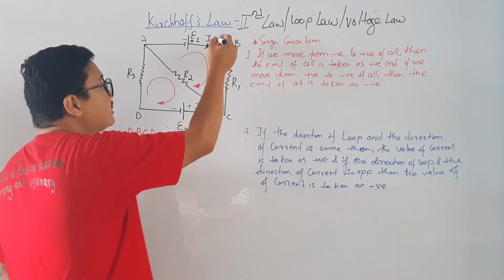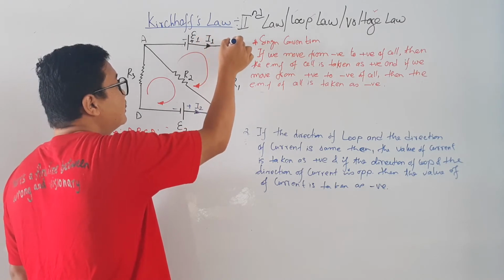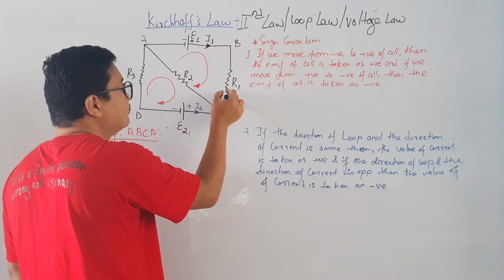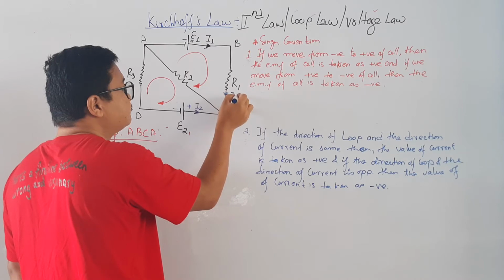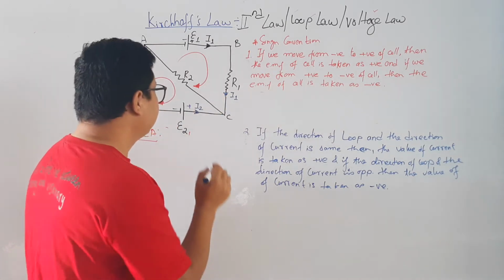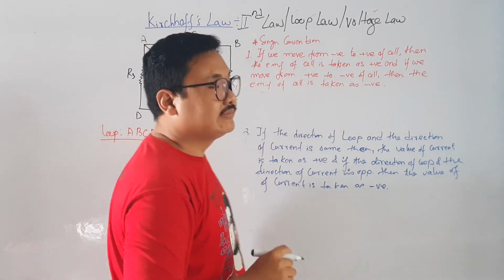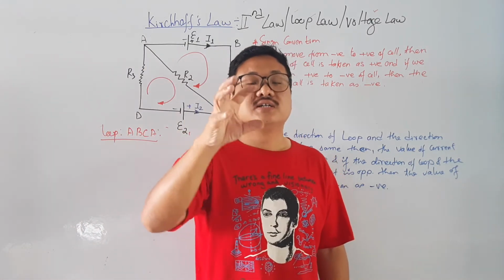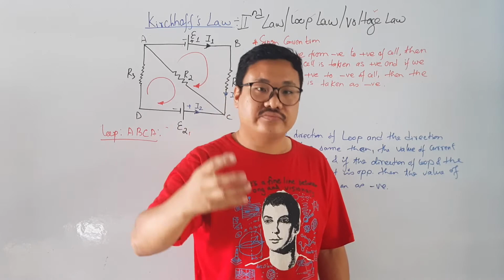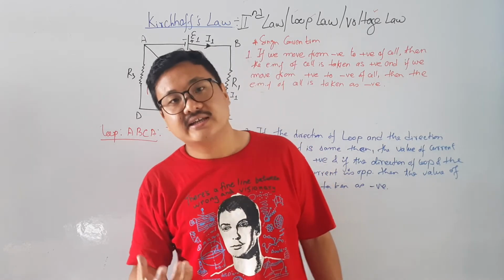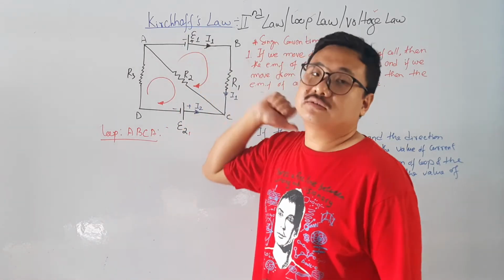Now how much current will come from here? I1. So here it will be I1, and here it is going I2. Now there is a junction. It means we have to apply Kirchhoff's first law, and only then can we do Kirchhoff's second law.